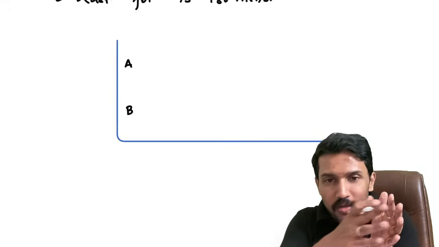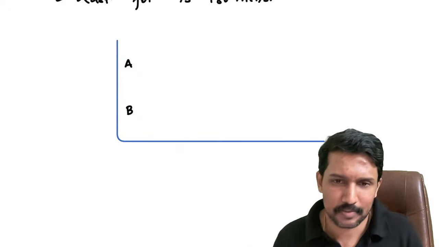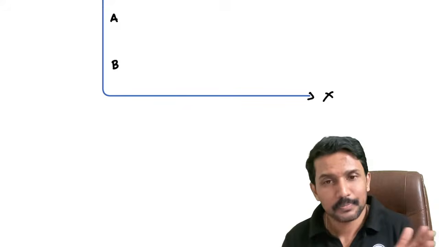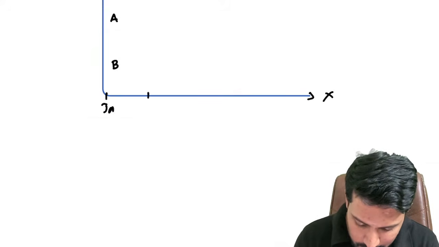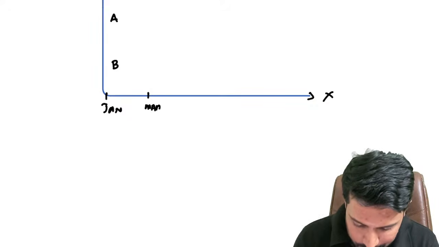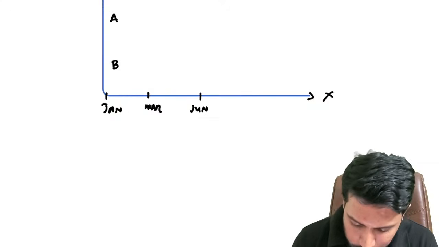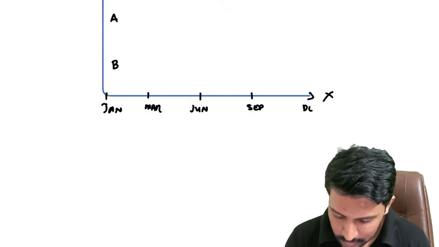And I plot their headache episodes, like which dates headache happened, on a calendar. Okay. So let us say on the x-axis, I'm plotting the months. Let us say this is first quarter, right? Jan to March. Then April, May, June. June to July, August, September, and then eventually December, right?